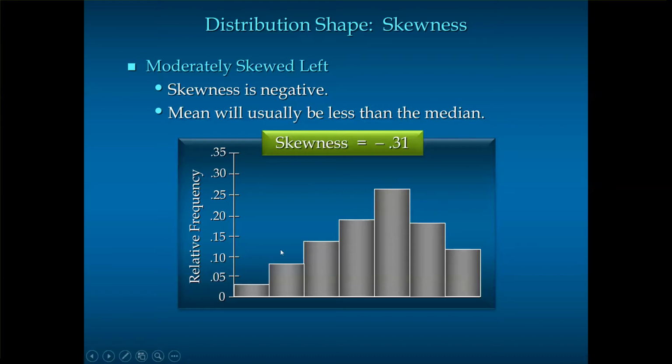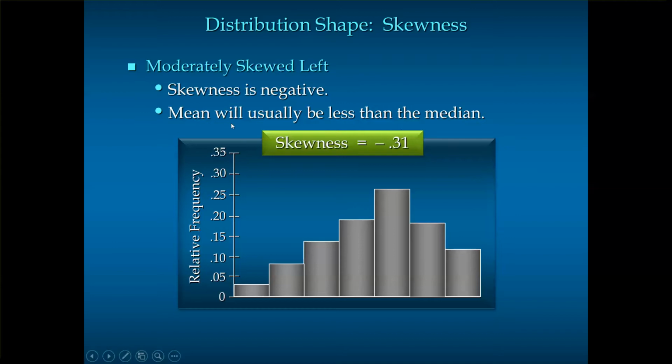What is the characteristic of the negatively skewed distribution? First, look at the value for skewness. This is a negative number. The reason we call it moderately skewed is that this number is not a very large negative number. It's only equal to negative 0.31, so the absolute value of this number is small.